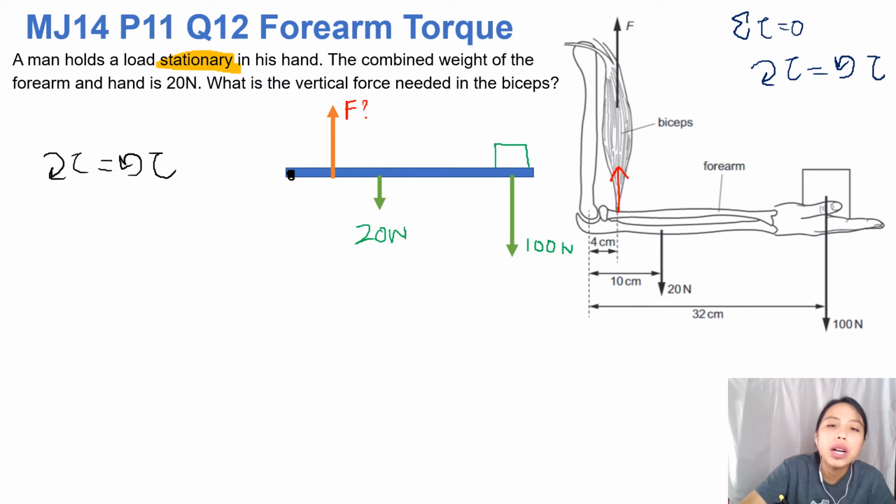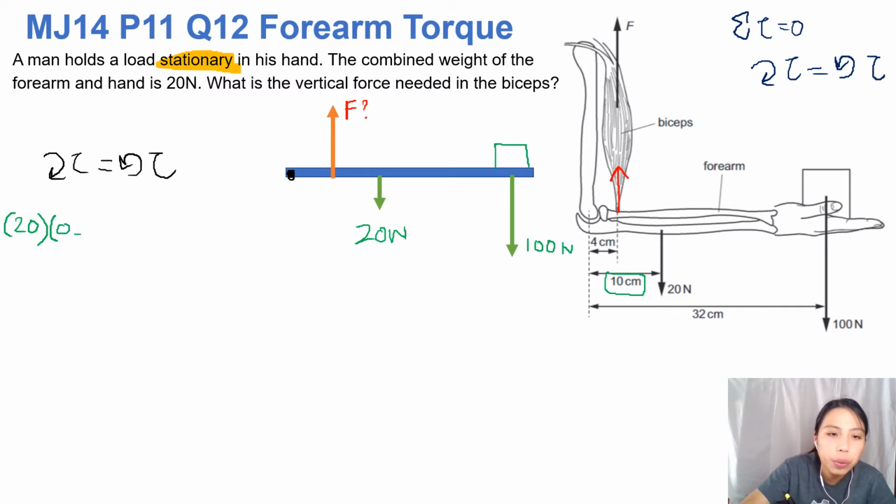So what's going to push clockwise? First we have the weight of your entire forearm. So that's 20 newton. Let me just make it color-coded. 20 newton times, how far is it away? Check and see. 10 cm. Let's change it to meters.